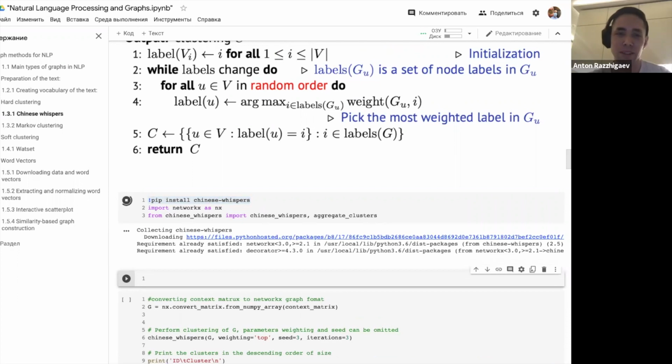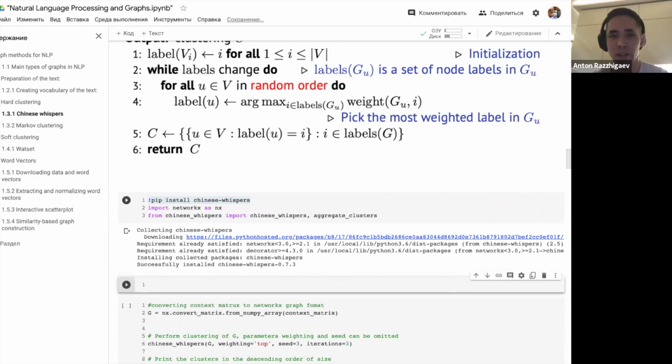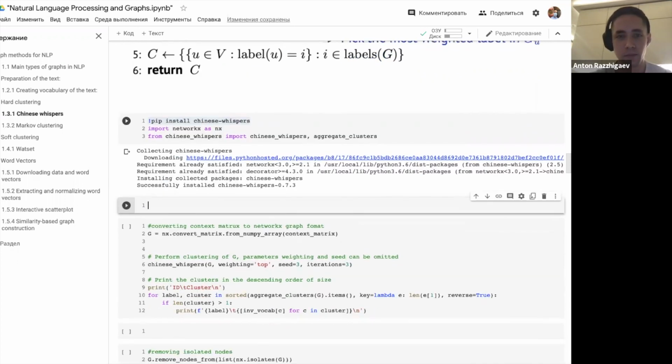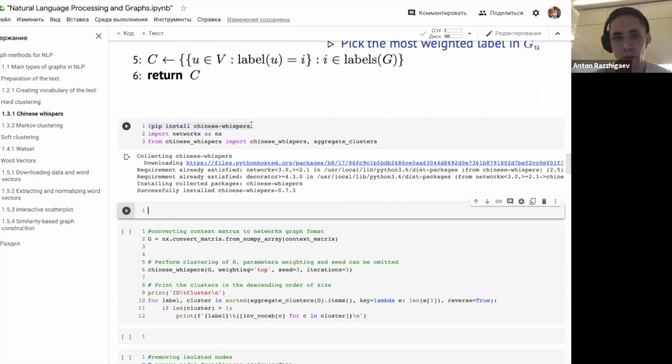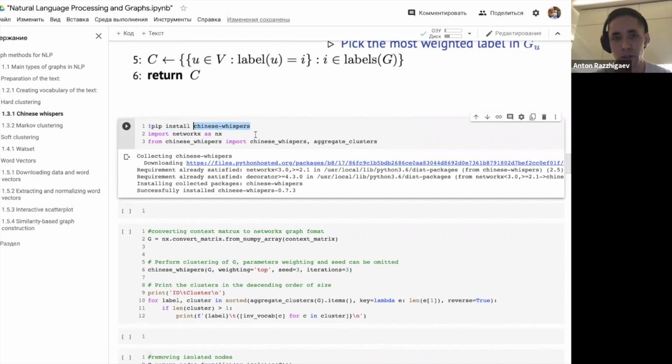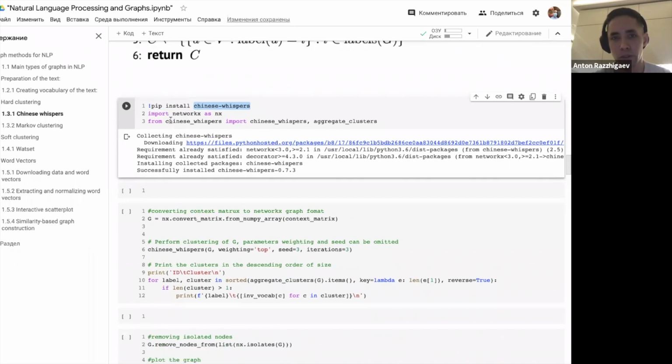Now let's apply this algorithm for clustering our co-occurrence graph. So we installed the package Chinese Whispers, imported the module for working with graphs, and the algorithm itself.